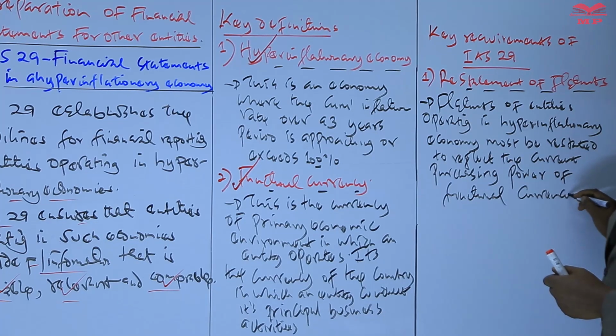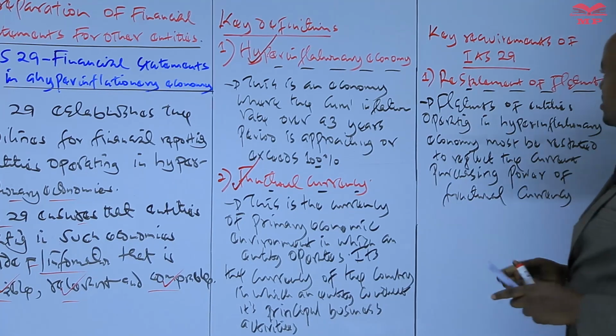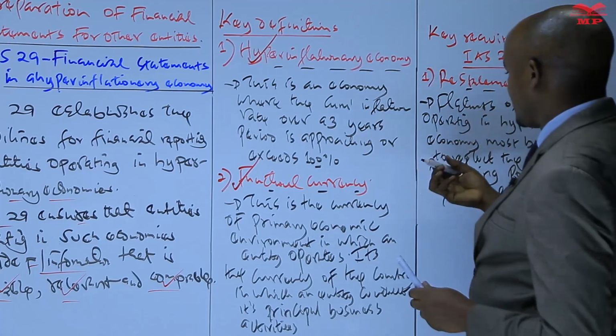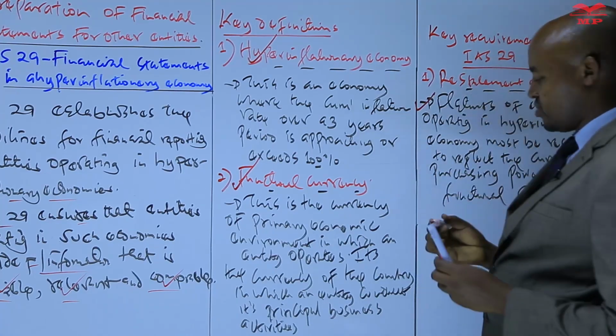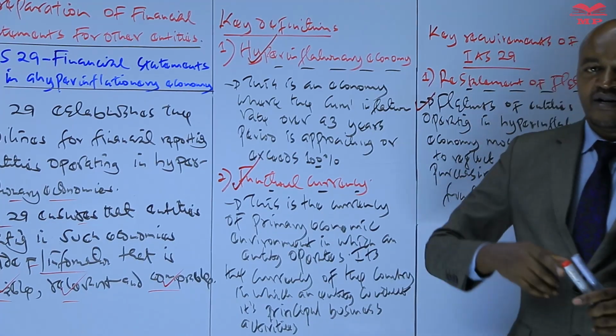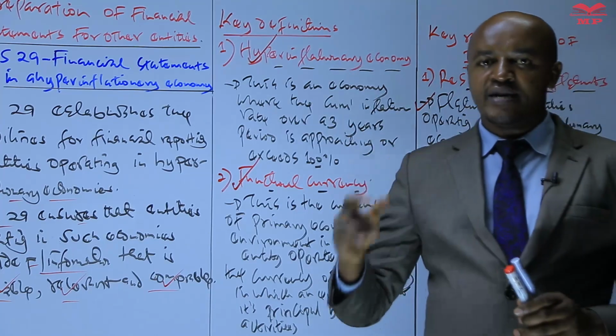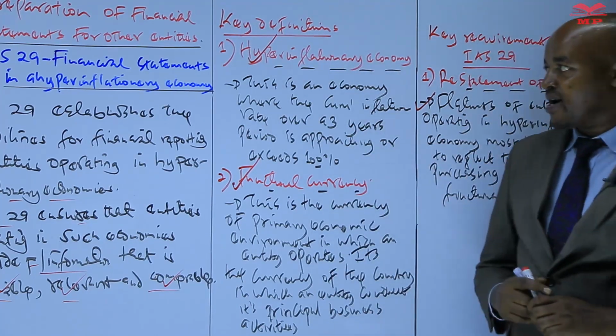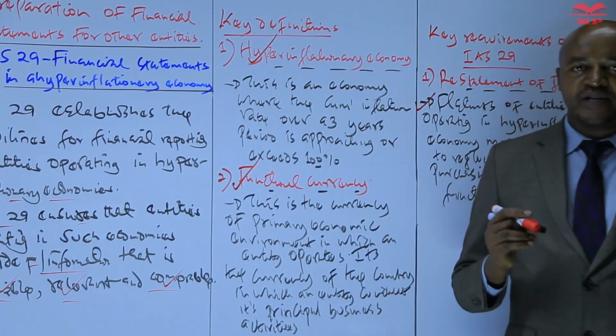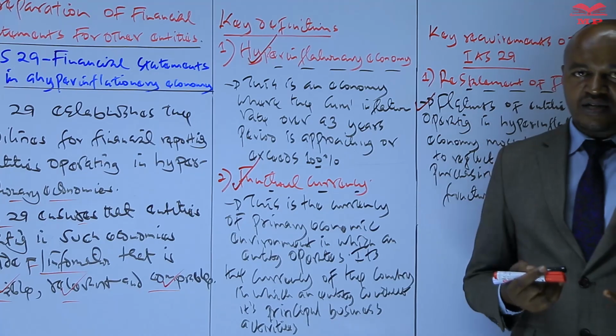So that is one of the requirements under IAS 29 as far as the restatement of financial statements by companies operating in a hyperinflationary economy is concerned.